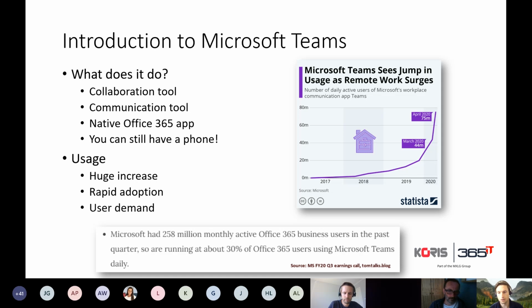That's one chunk of it, the collaboration tool, and there's a lot behind the scenes. It uses SharePoint for some of the document storage, and it uses OneDrive, and it has a whole large app store in effect as well to add on different tools for collaboration, and that might be integrating stuff like Slack or WebEx or loads of different tools. So it is in one respect a very significant collaboration tool.